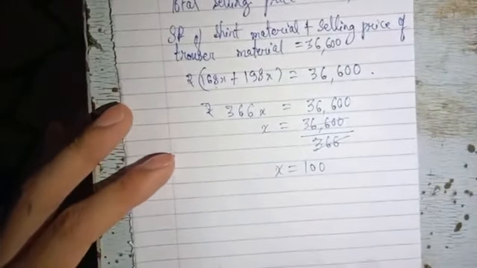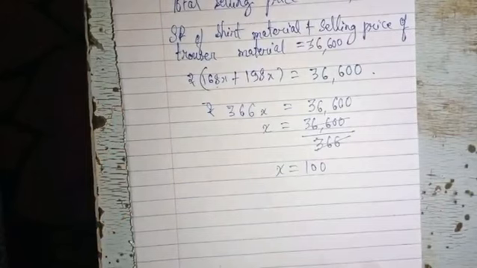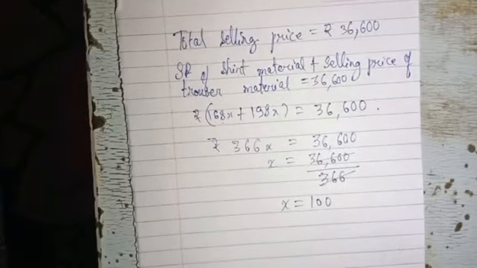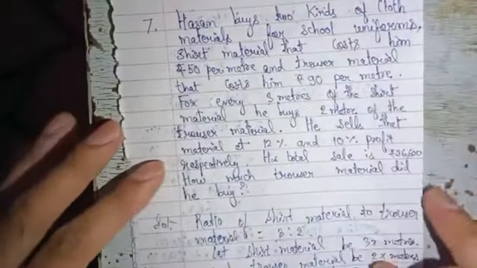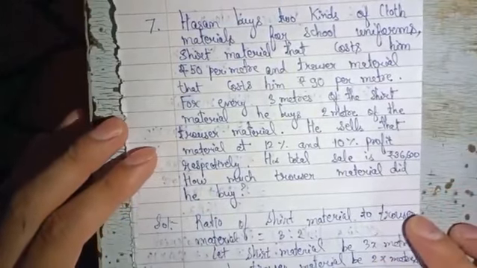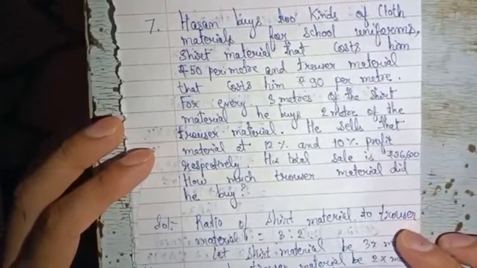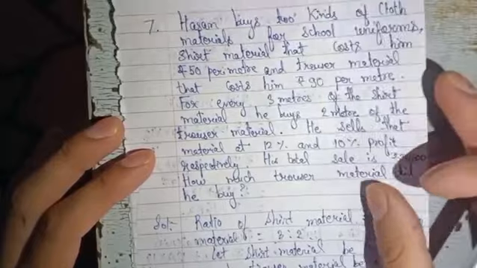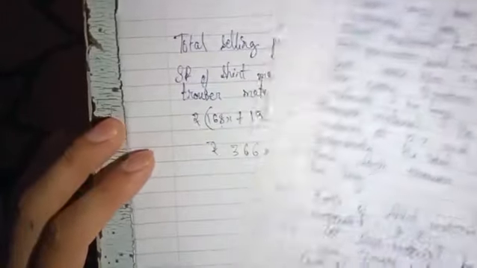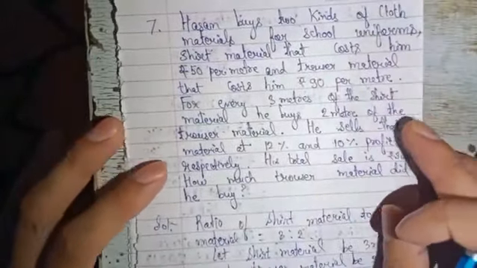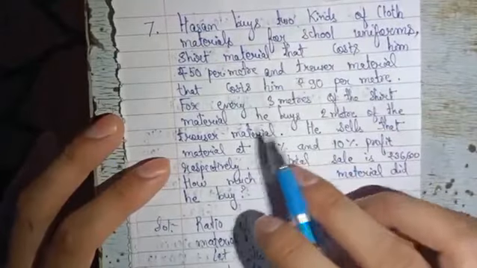So if x is equal to 100, we can easily calculate the length of trouser material he bought. It is given in the question, how much trouser material did he buy. So trouser material was in the ratio of 2x.